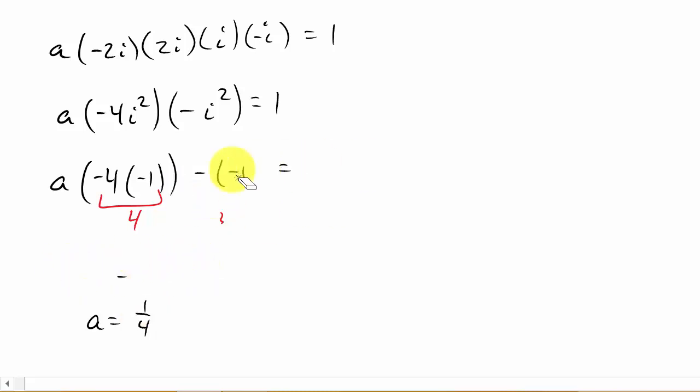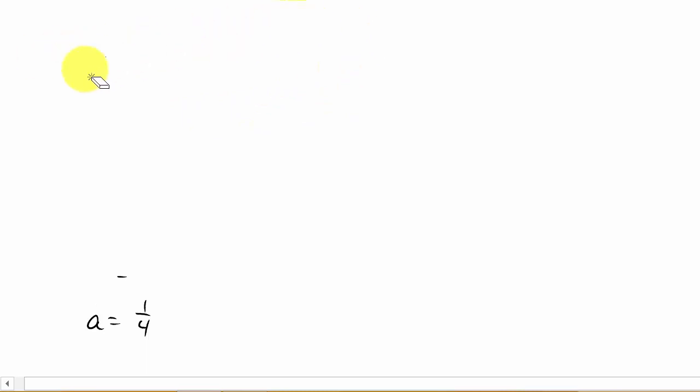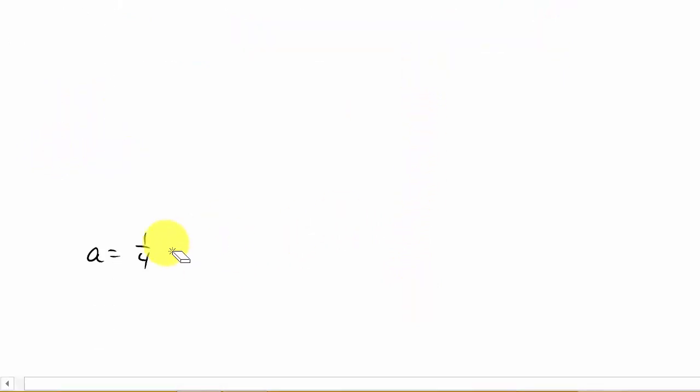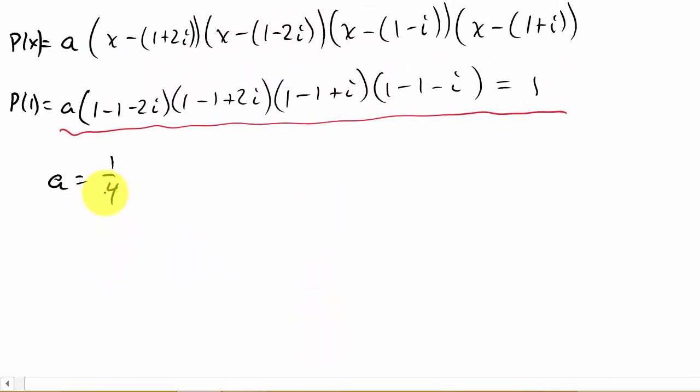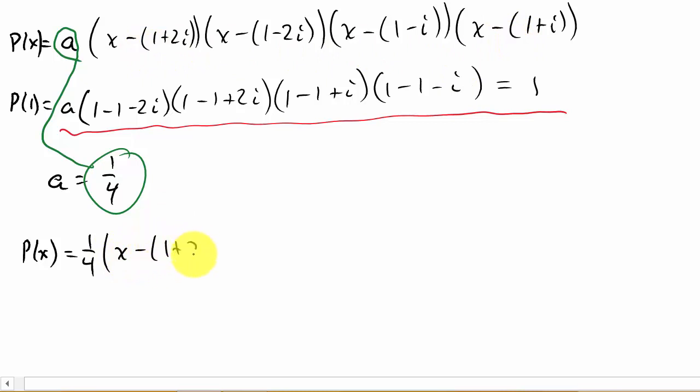So I've got a is 1/4. Now I'm going to take where a equals 1/4 and plug it right in, and that gives me my polynomial. So P of x is equal to 1/4 times x minus 1 plus 2i.